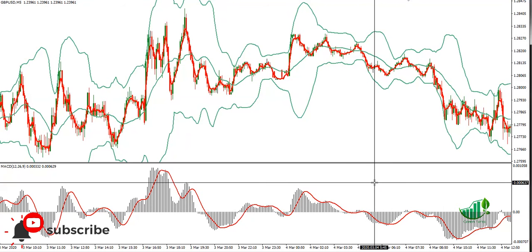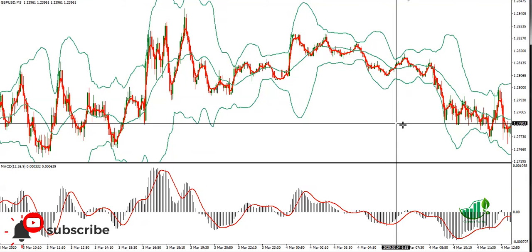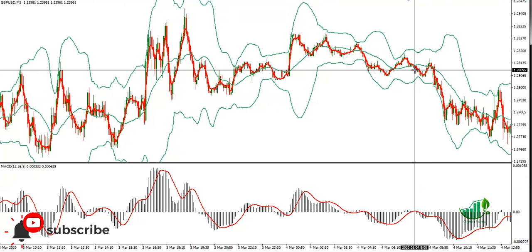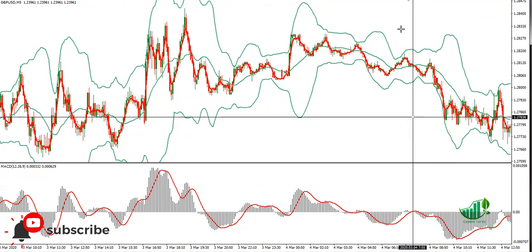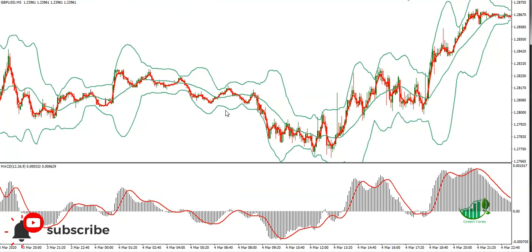Both your conditions are fulfilled. This is the point. Both conditions should be fulfilled before taking a sell or buy entry.